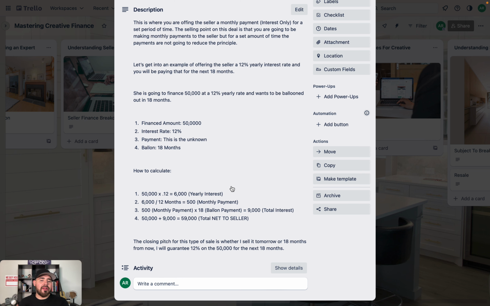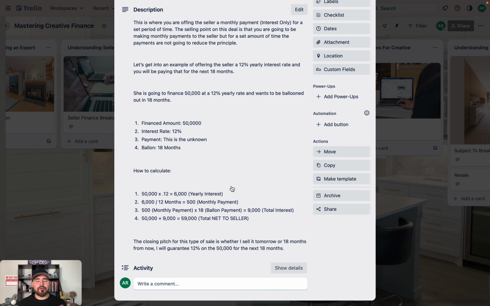And if they chose 24 months, it's going to be 24. So it could easily be 50,000 times 0.18 equals X. X divided by 12 equals monthly payment. Monthly payment times whatever amount of months that they want it to be paid for equals the total interest, and then we're going to do financed amount plus total interest equals total net to seller.